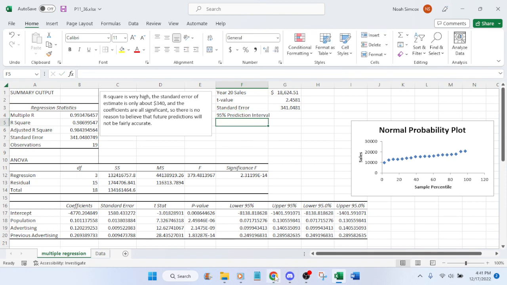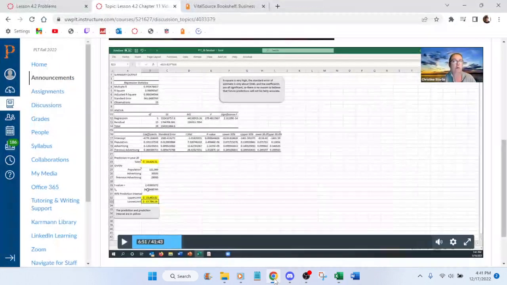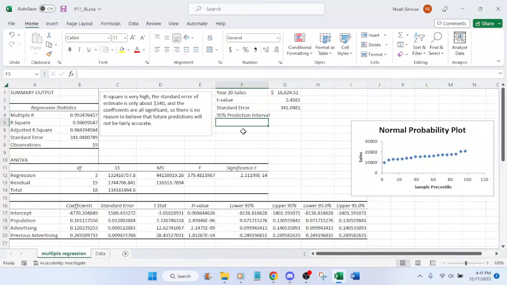So, lower limit, upper limit. I don't know why we do upper limit and lower limit. I prefer lower limit and then upper limit, because whenever we read, most of the time we read numbers from lowest to highest number. So you would start with the lower number, go to the highest number.